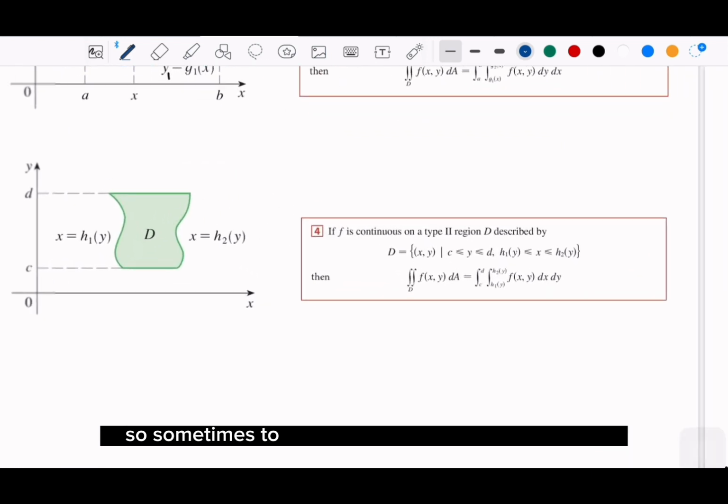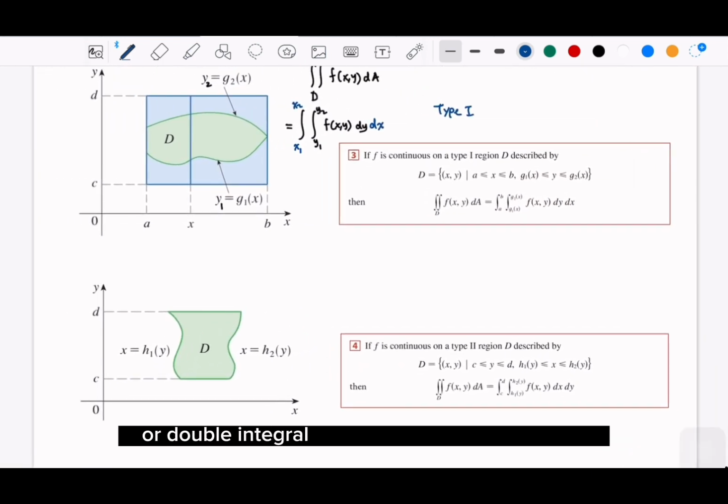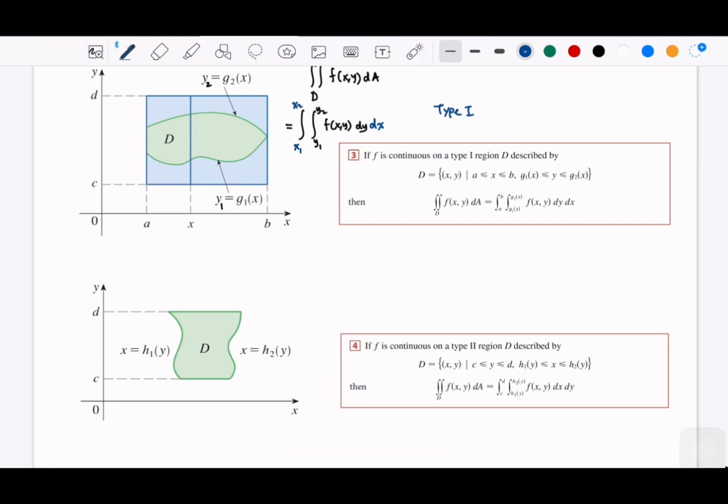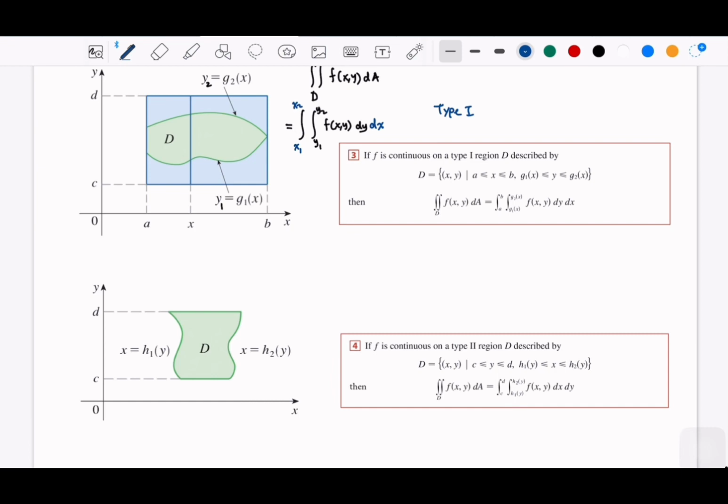Sometimes to solve problems within this subject for the double integral, you need to draw the functions. You are given the whole formula for the function of two variables.